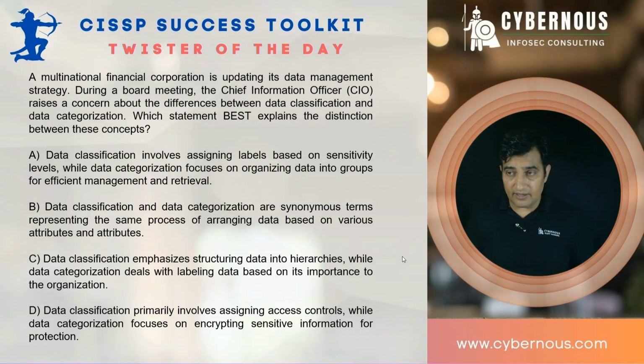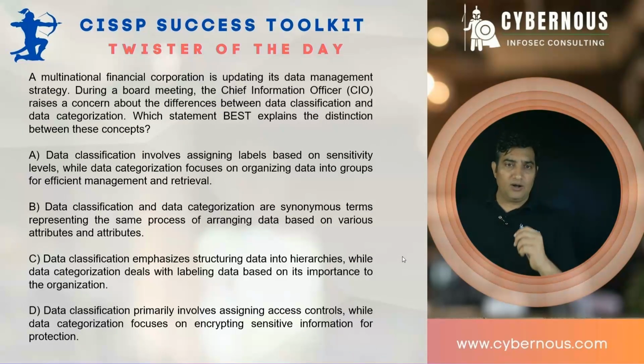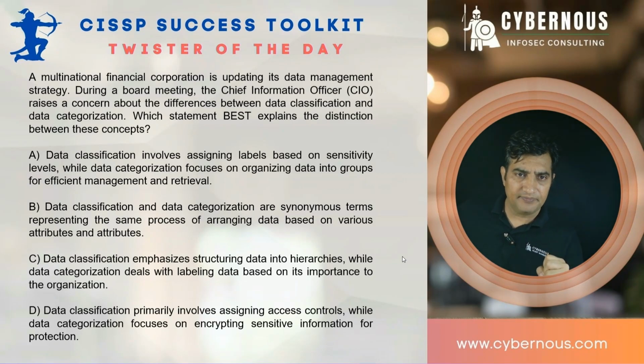Now you may think, should we implement categorization or classification? I would say both of them are very, very important. Both of them are applied at the same time, to get the maximum output of your data governance program. I hope that explains the concept.